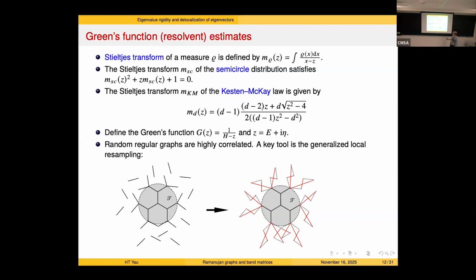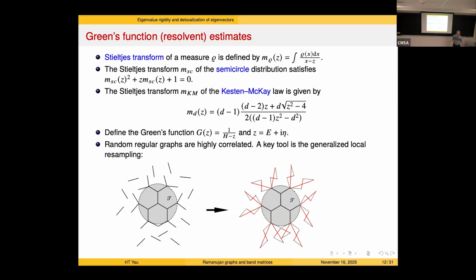But on the other hand, the Green's function matrix is highly correlated. Then the fundamental question here is, if you take a highly correlated matrix, what can you do with the matrix? Actually, in mathematics, you either use no randomness at all, or otherwise you need independence.